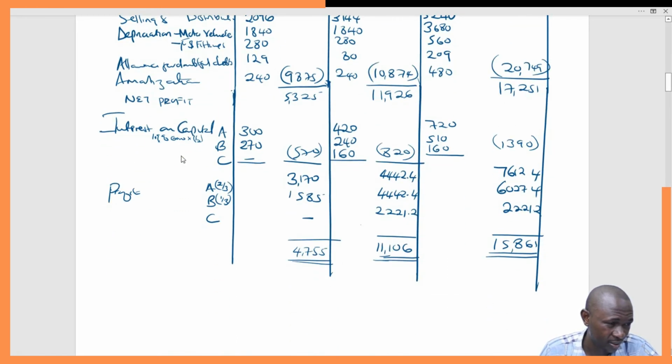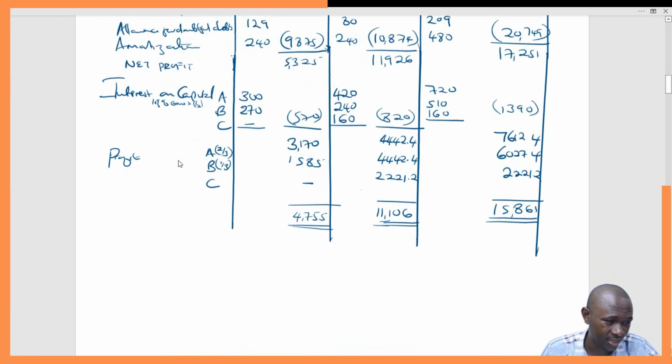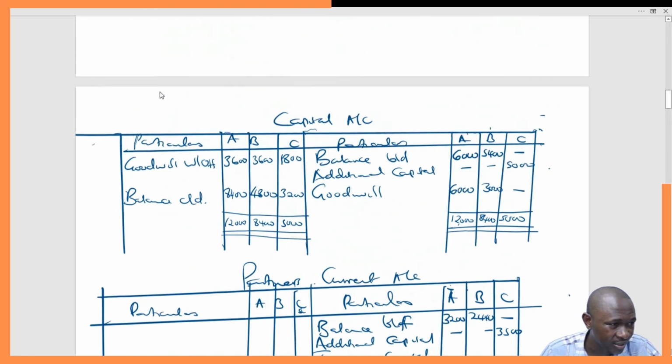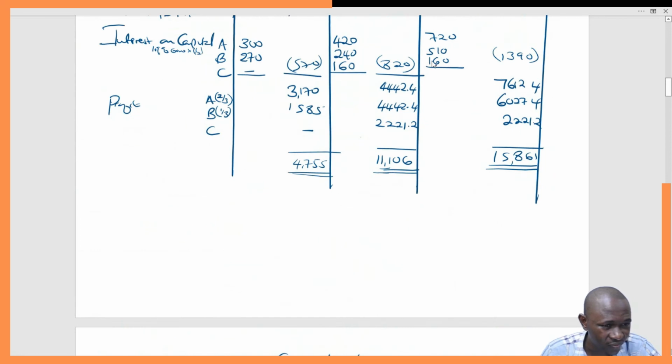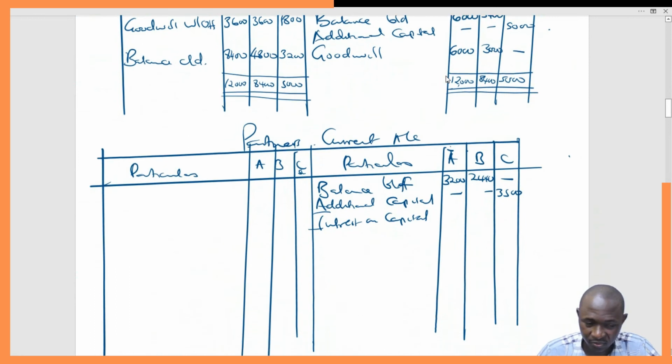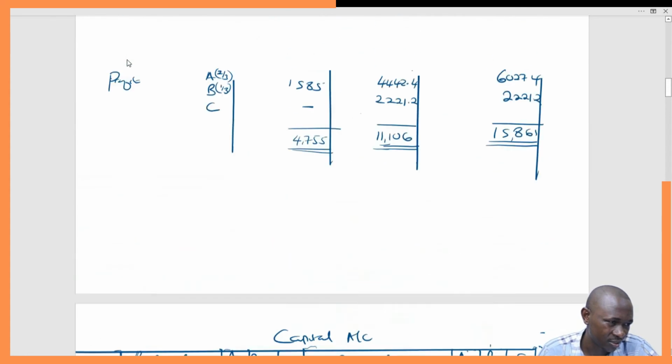Because this is their money, adding to their wealth in the business, anything that adds to the wealth of the partners is credited. Anything that reduces their money in the account is debited. So interest on capital comes from up here: 720, 510, and 160. So that is interest on capital.